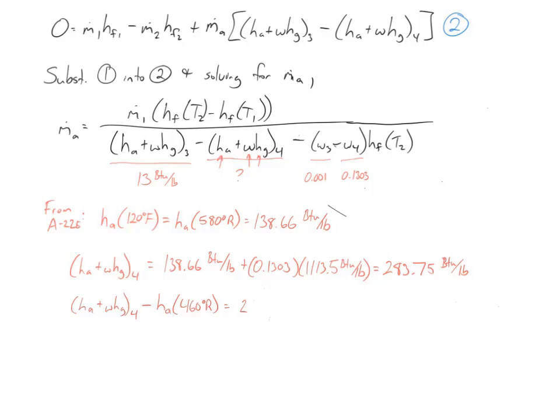All right, so that's going to be 283.75 BTUs per pound minus, and I'm looking at the chart here right now, so I got a 460 and my enthalpy is 109.90 BTUs per pound, and that's going to end up equal to 173.85 BTUs per pound. So I mean, they look relatively close, right, between these two.